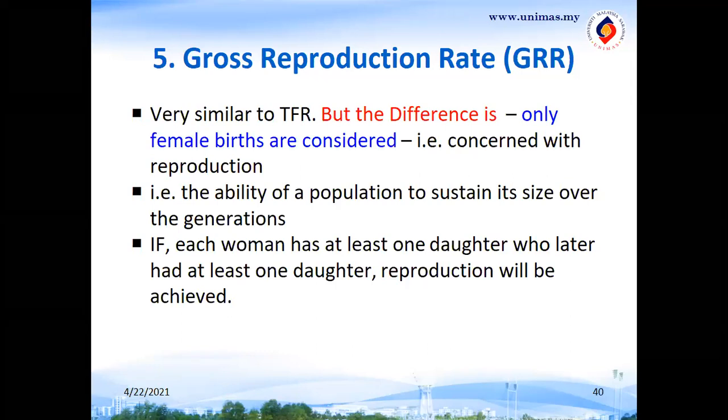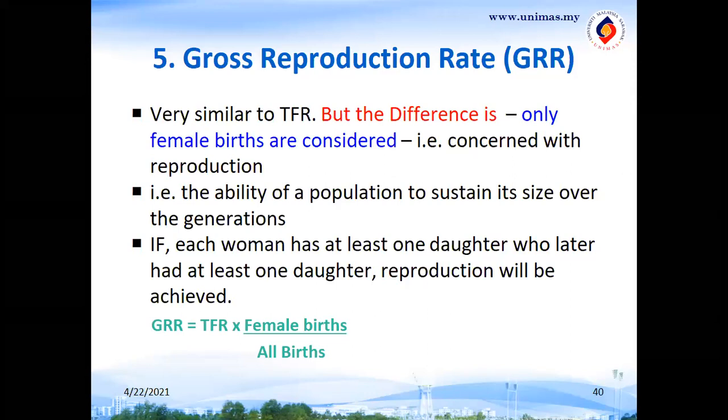Okay, so if each woman has at least one daughter, who later had at least one daughter of herself, then reproduction will be achieved. Okay, so kepentingannya ada sekurang-kurangnya ada seorang anak perempuan that will ensure reproduction. Right.